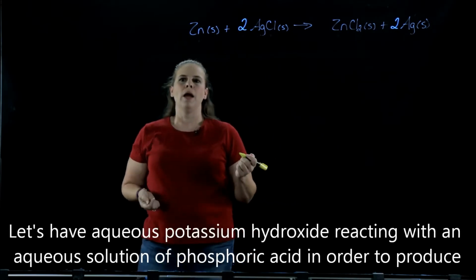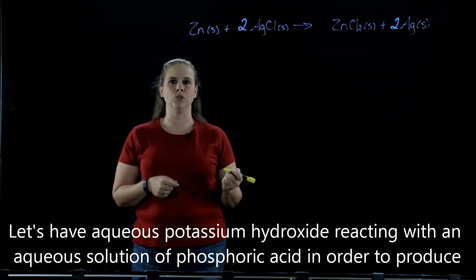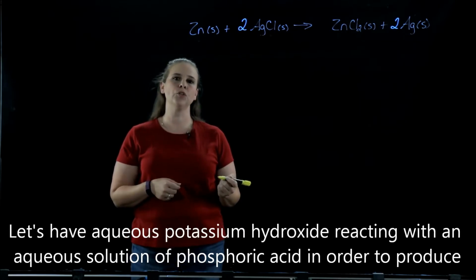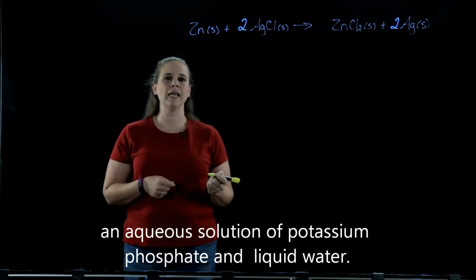Let's have aqueous potassium hydroxide reacting with aqueous solution of phosphoric acid in order to produce an aqueous solution of potassium phosphate and liquid water.